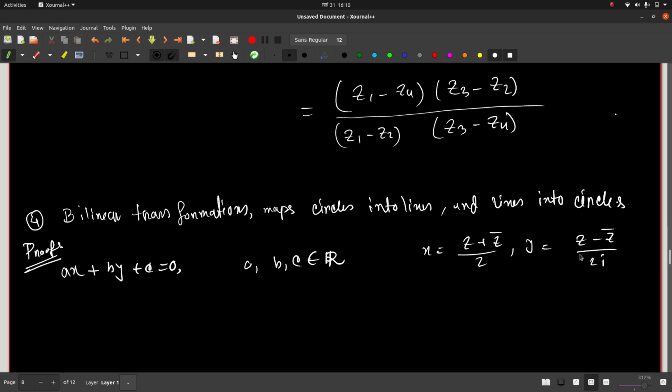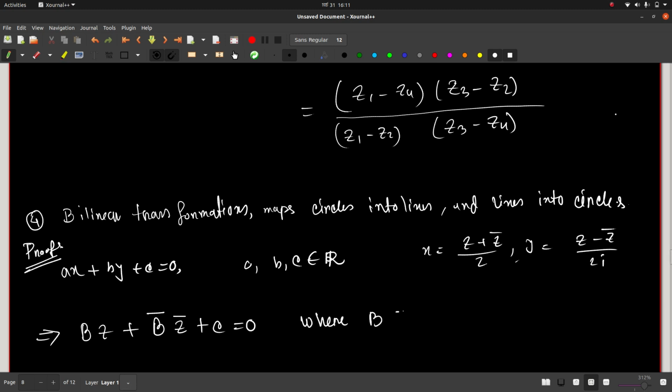You can use these expressions and you can plug them over here, and what you get is the following. If you use them and plug them inside, you should get an expression like this. Equals to 0, where b is given by this. This is a very fairly simple algebra, so you can do it pretty easily.